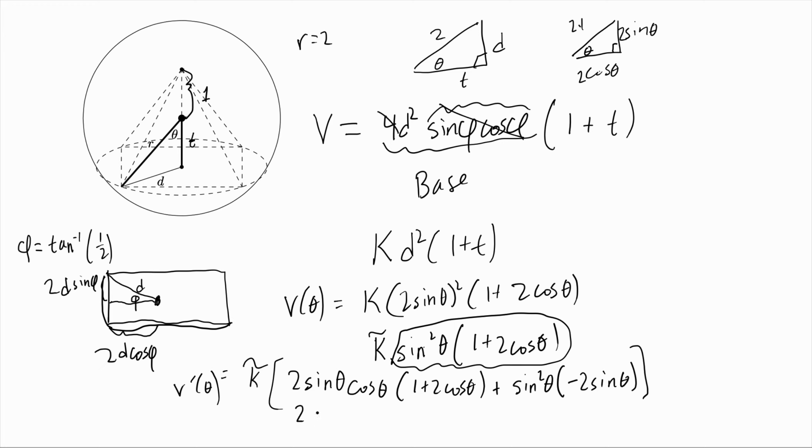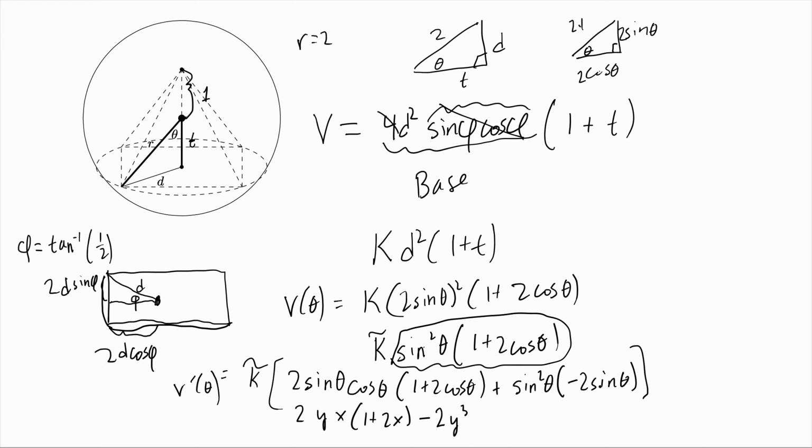So just think of that: 2yx times 1 plus 2x, plus y squared, and we'll put that minus right here. So minus 2 times y cubed.